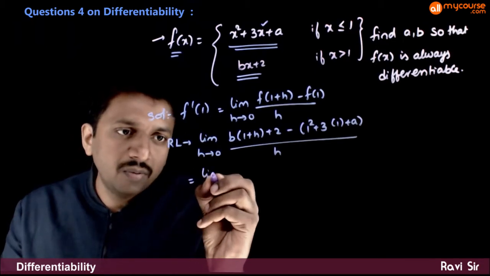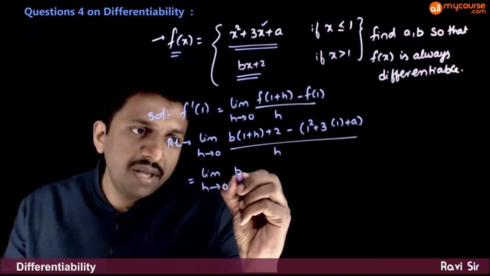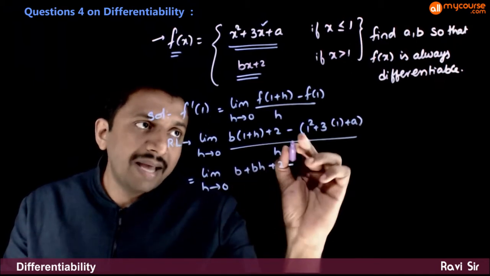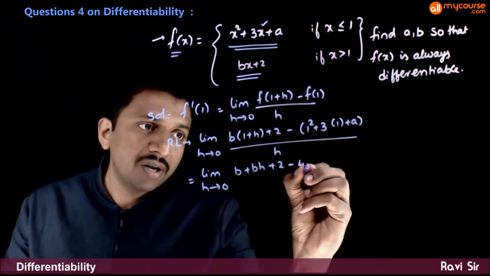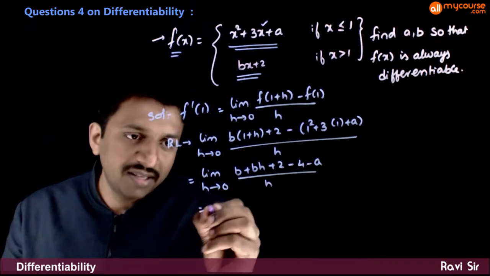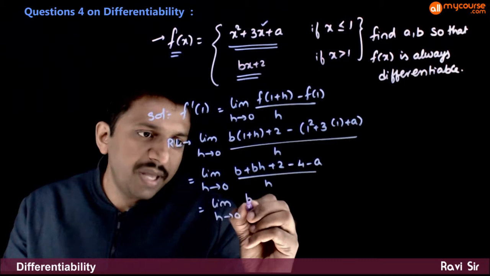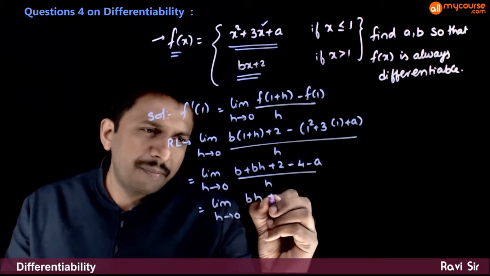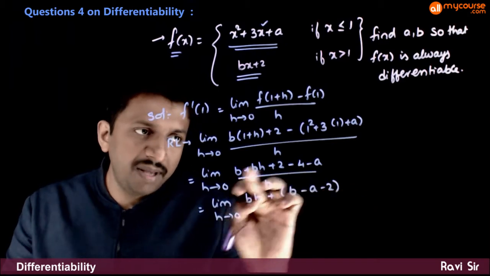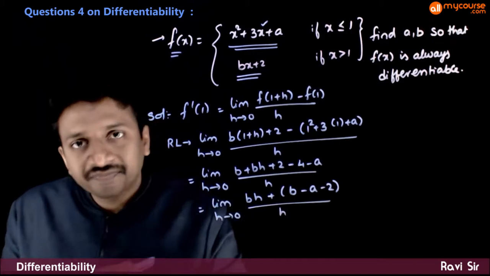That is equal to limit h tends to 0 of b plus bh plus 2 minus 1 plus 3, which is 4, minus a, by h. That is equal to limit h tends to 0 of bh plus b minus a minus 2, by h.